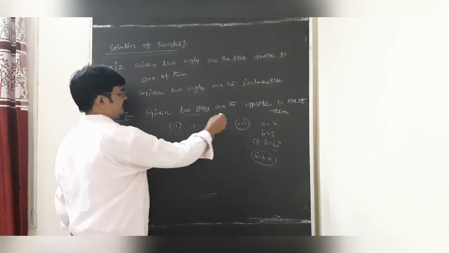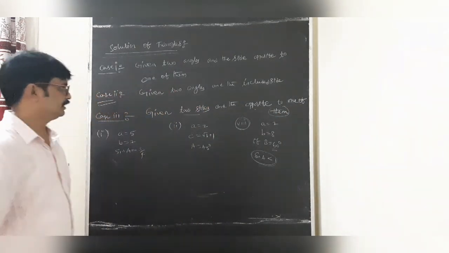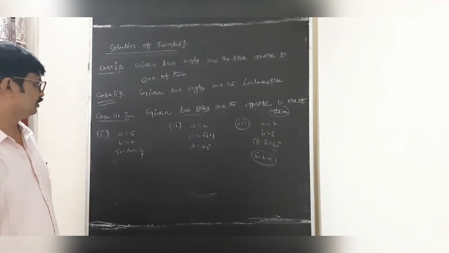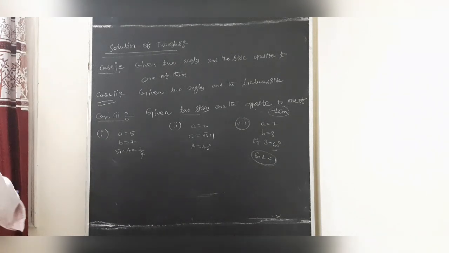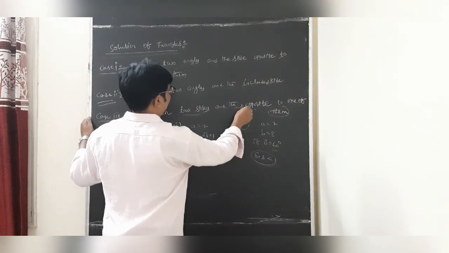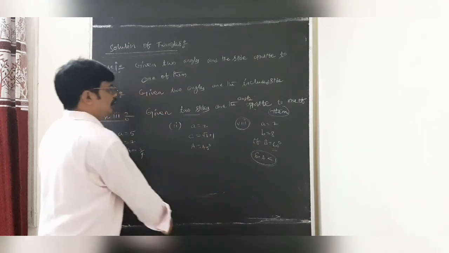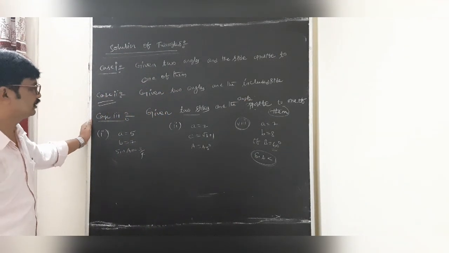So dear students, given 2 sides and the angle opposite to one of them. What is the third case? 2 sides and the angle opposite to one of them.